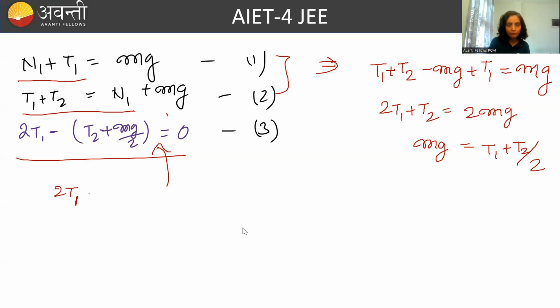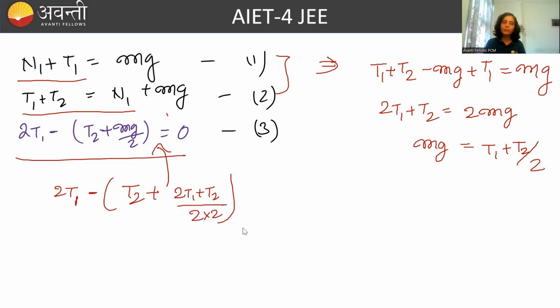So this is your 2T1 minus T2. Write 2T2 here plus mg. Or whatever; if we are not going to break it, let's write it like this. Now let's see T2 plus mg by 2. mg is 2T1 plus T2 divided by 2 into 2.